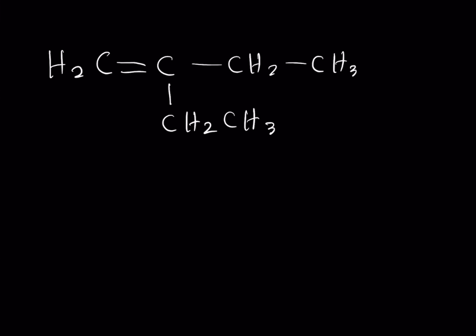How do we name this particular alkene? In this case, we have 2 hydrogens on the left carbon, and then we have 2 ethyls on the right carbon. To count the longest chain, we can just do this chain right here, and that has 4 carbons, so that's butene.